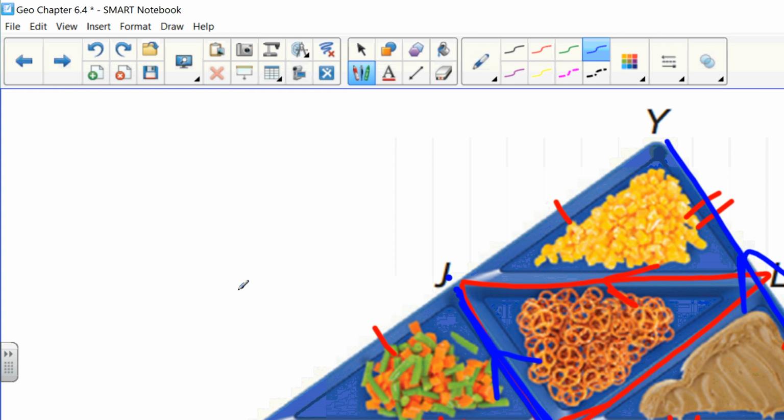So here, JK and YZ would be parallel. JL and XZ would be parallel to each other. Okay?